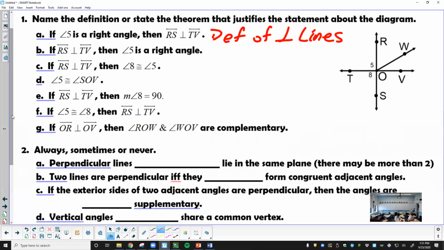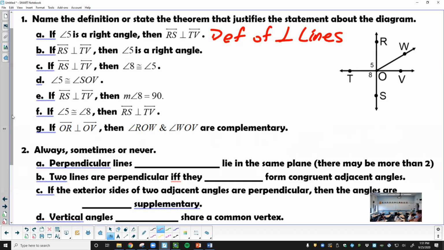There you go. You don't even need to say the converse, just say definition. Does that make sense to everybody? They gave us that it's a right angle and concluded that they must then be perpendicular. We noticed that's the exact same information that was in the definition, so we must be referring to that, right?